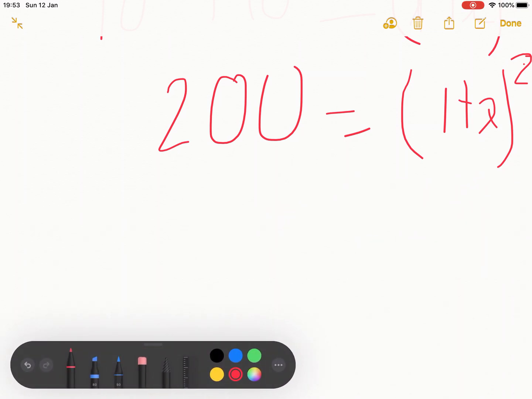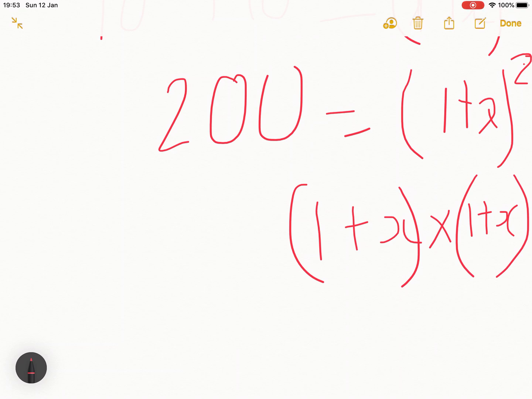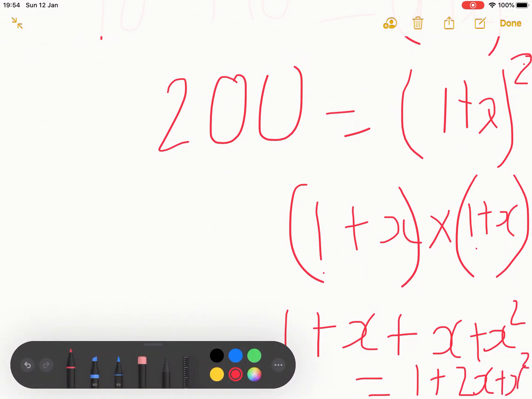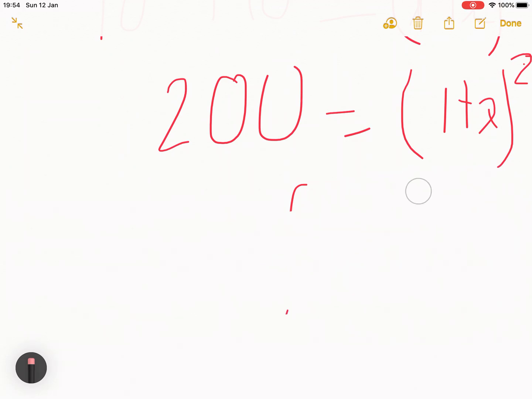So 1 plus x squared is the same as saying 1 plus x times 1 plus x. So 1 by 1 is 1, plus x, plus x, plus x squared. So you basically just get 1 plus 2x plus x squared.